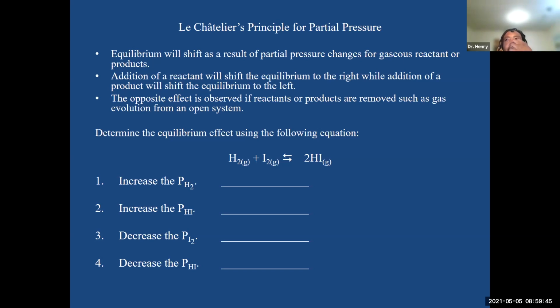If we get an increase in a reactant, is it going to shift right or left? Right, it's going to shift right. If we get an increase in a product, is it going to shift right or left? Left. Okay.